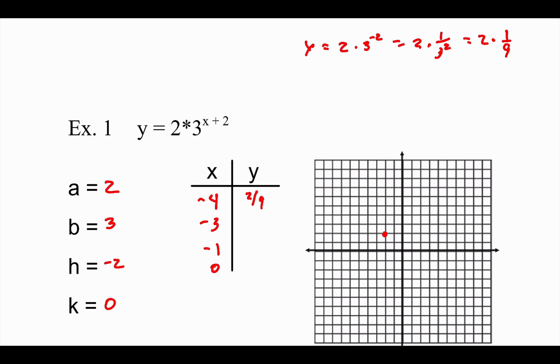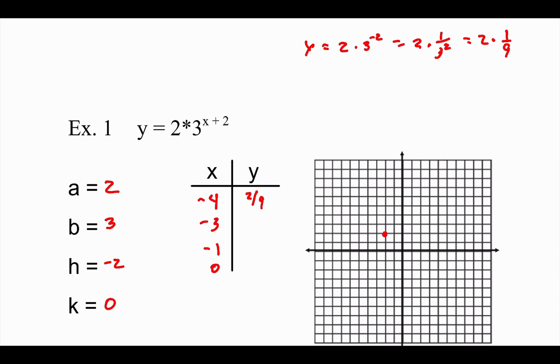There's your answer for that one. At negative 4, you've got a y coordinate of 2/9. It's not the nicest thing in the world, and that's one of the things you're going to find today, and that's why you're not going to have a ton of these types of problems. But it's something that we've got to work our way through a little bit.